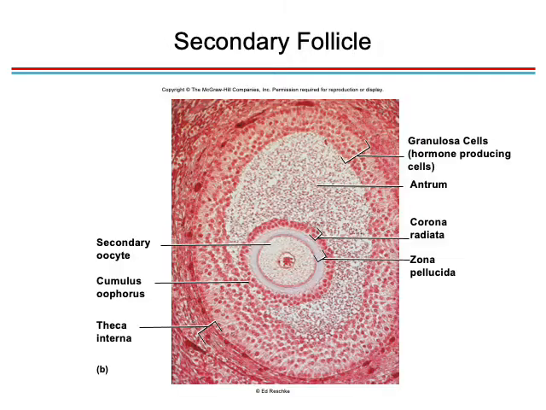This photo shows an enlargement of the secondary follicle. In the middle is the secondary oocyte. On the outer layer of the secondary follicle is a very thick layer of granulosa cells. Granulosa cells are the ones that are going to produce the major hormone pre-ovulation, the estrogens.